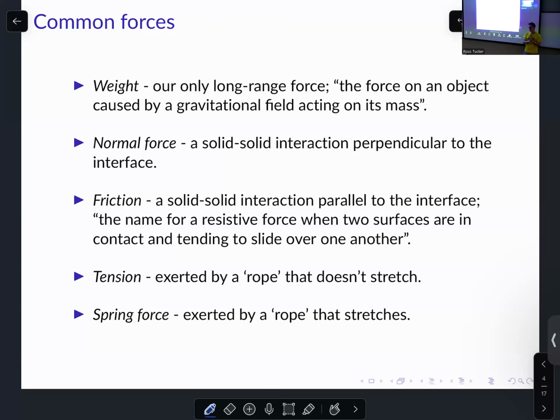Tension and spring are very intimately related. Both are when you're connected to a rope, a string, a chain, a spring, a coil of wire or something. The big difference is tension is if we don't care about how that thing elongates, gets longer as you pull on it, and spring force is if we do care about how it gets longer. For instance, suppose I've got a string dangling and I pull on it.